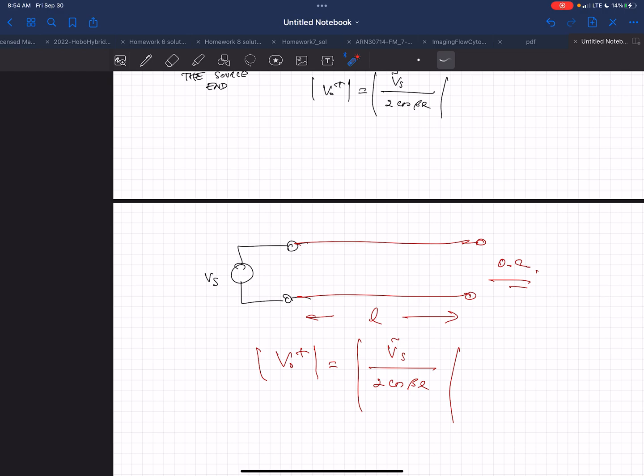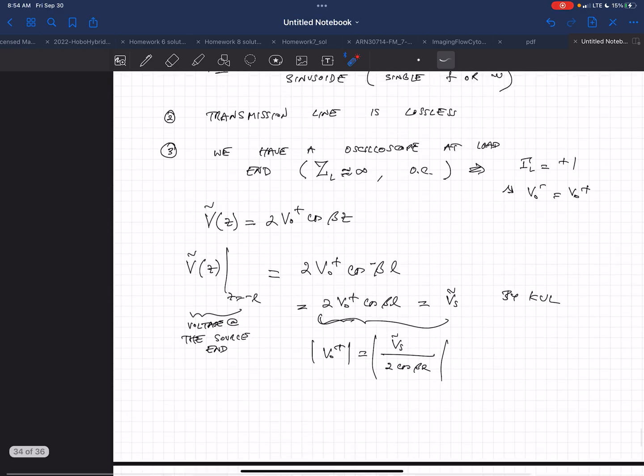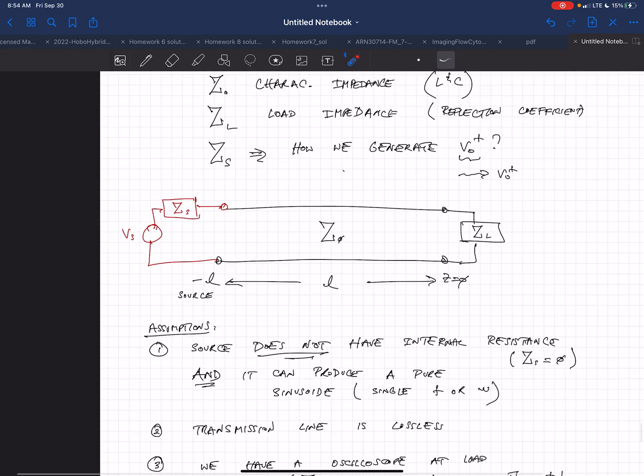But maybe a more important thing is the analysis methodology. Notice that, generally, we have these three components in a transmission line system. This is very general. We have a source that's launching stuff into the transmission line, and that source has some amplitude and some impedance.